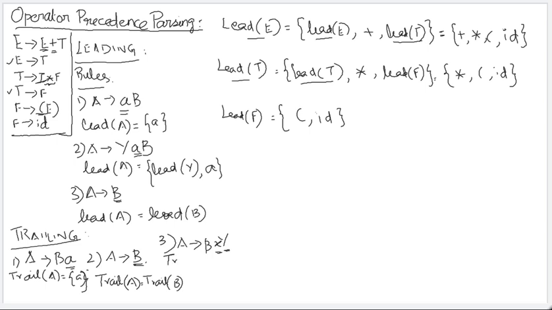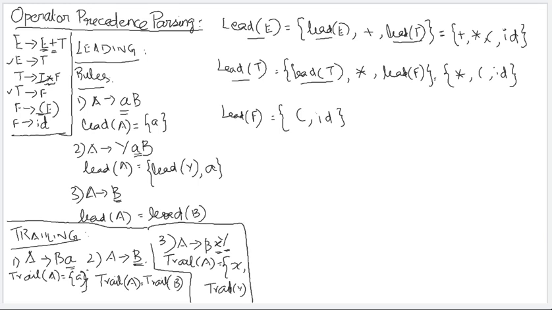So in that case, the trail of A is, you have to include that terminal as well, along with the trail of Y. Okay, so these are your rules for the computation of trailing.